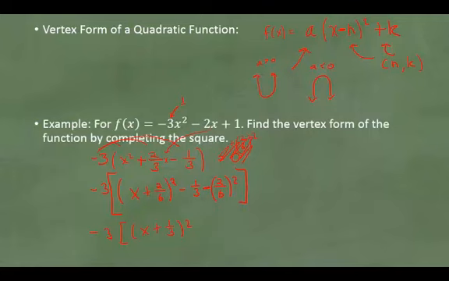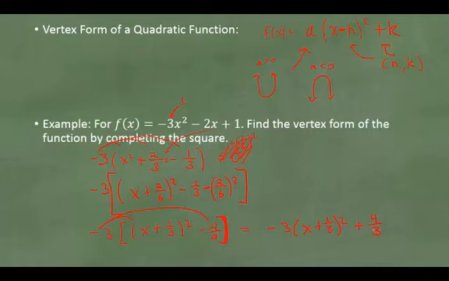If you use the calculator to simplify that, you get minus 4/9. And then we're going to multiply in the negative 3 to that term and then to the last term. Multiplying in a negative 3 would give us negative 3 times (x plus 1/3) squared plus 4/3.